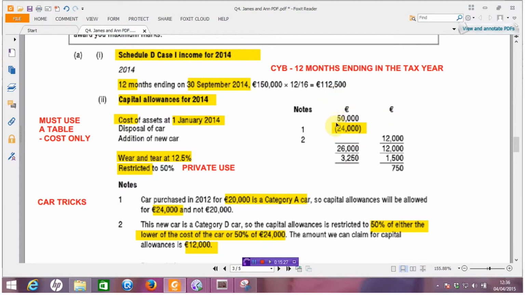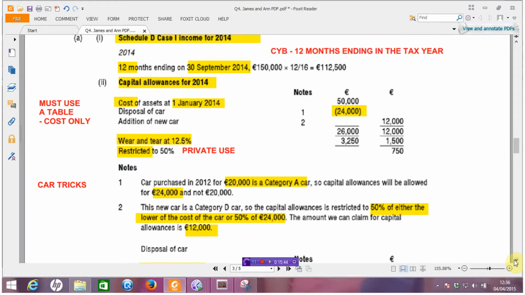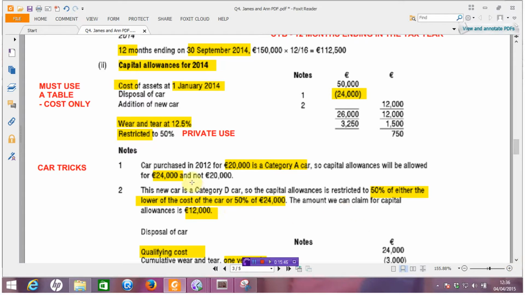So we have 50 as opening. Let's take out of the cost box, as it were, the disposal at cost, and that's 24,000. In terms of note 2, the addition of the new car, again, this is a little trick that they'll play on us. We see that this new car was a category D car.